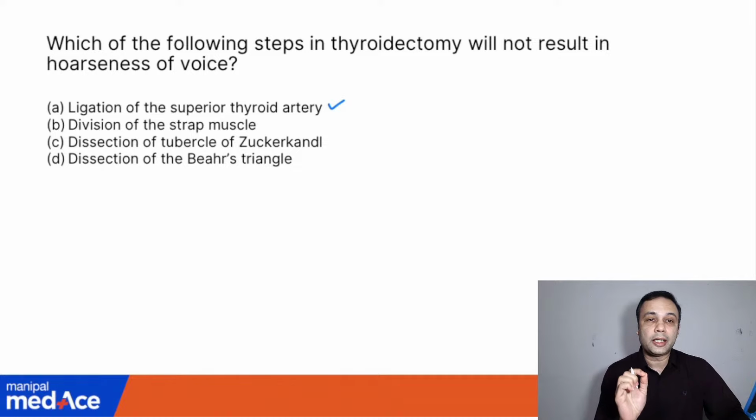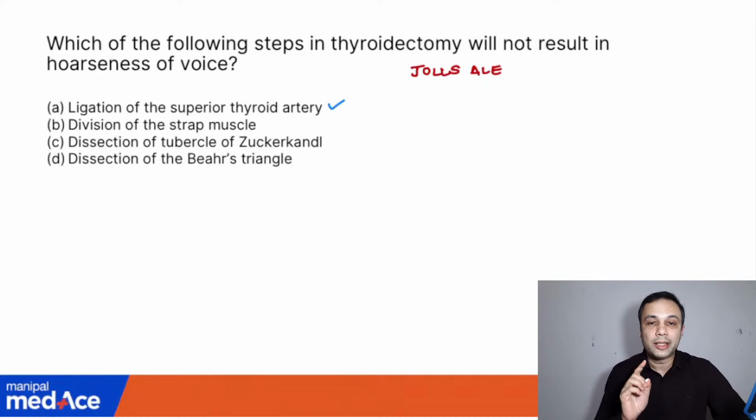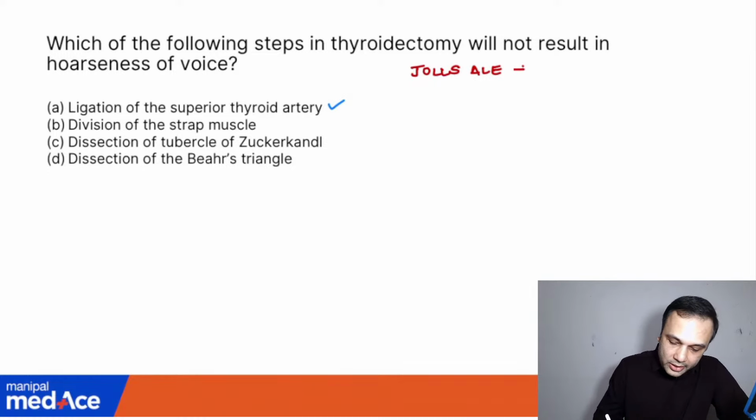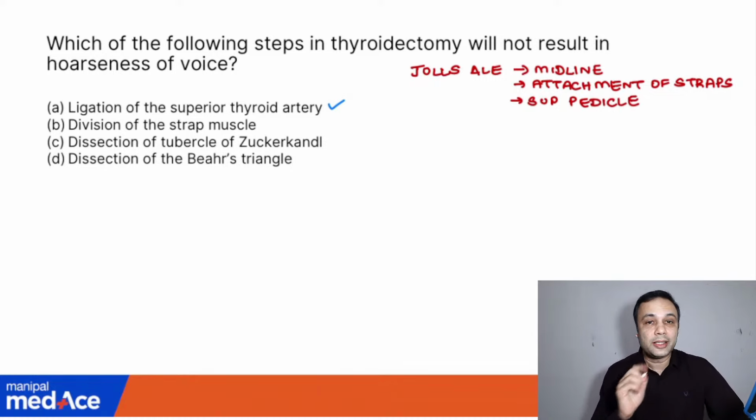One of the important triangles in relation to the superior pole is known as Joll's triangle. Joll's triangle has 3 important boundaries: first the midline, second the attachment of strap muscles, and third the superior pedicle itself, or the superior part of the thyroid gland along with the vessel.